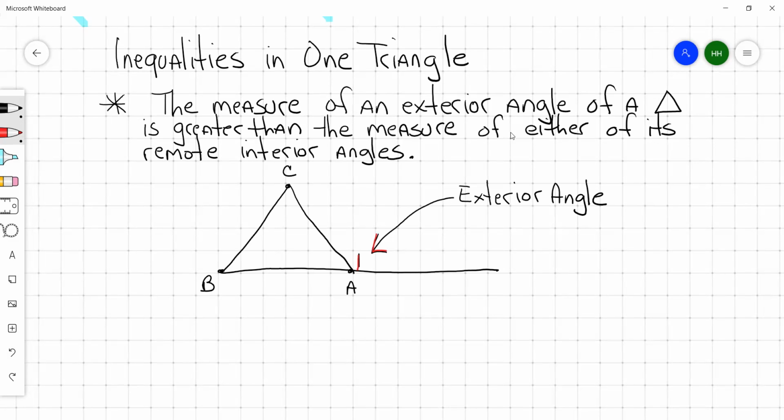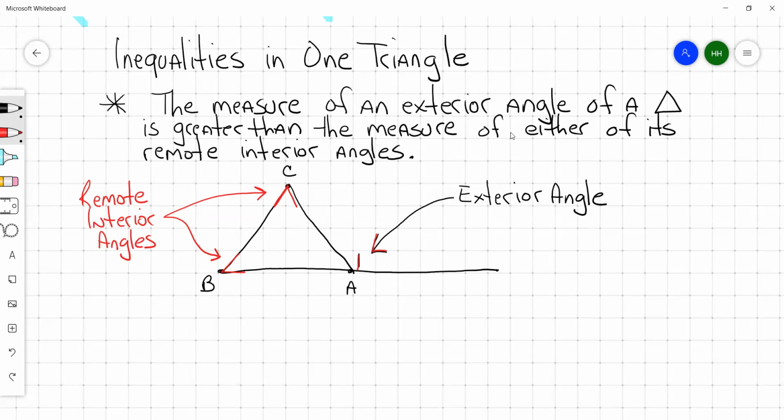Angle C up here and angle B are called remote interior angles as they relate to angle 1. Angle C and angle B are remote interior angles in relation to angle 1.